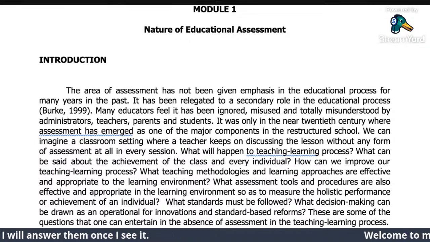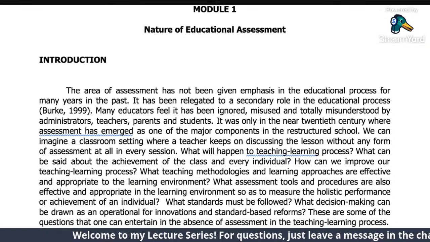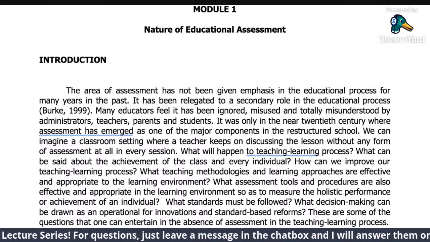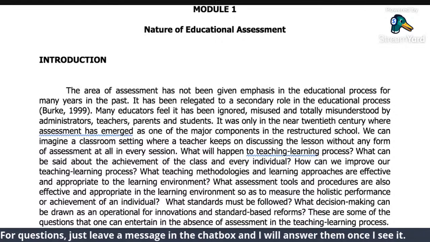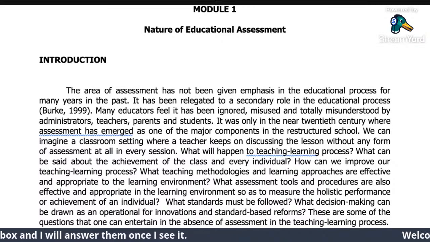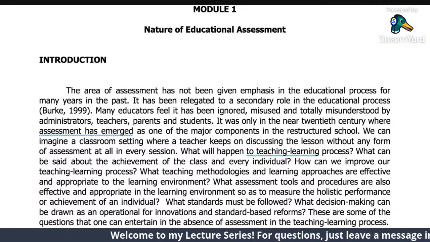How can we ensure that the test is quality, that the test suits the students, and that the test measures what it intends to measure, among other things. So medyo challenging siya. That's why it's very important that we discuss assessment and evaluation.